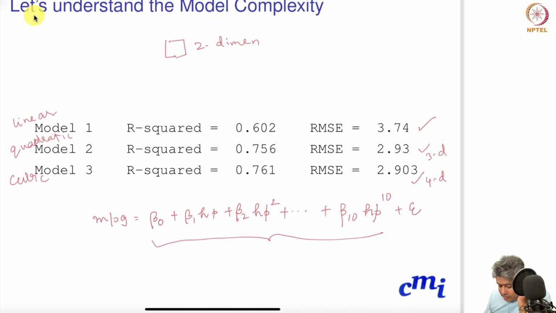I can easily fit a polynomial of order 10. Nobody can stop me. But the point is, what is the interpretation? What kind of effect does horsepower to the power 10 have on miles per gallon? Can you explain this term in your model?